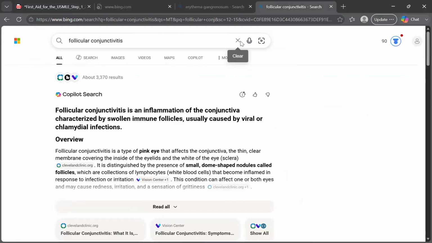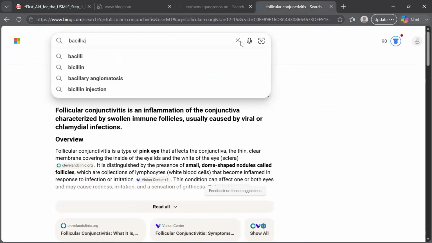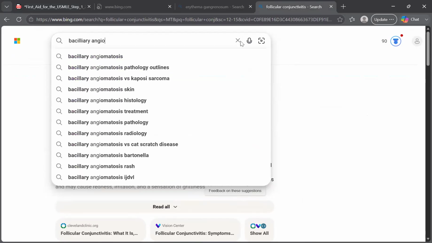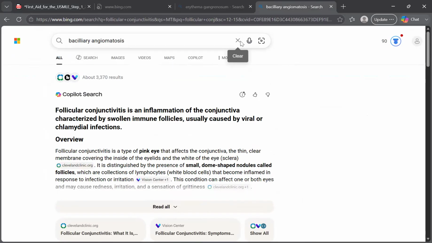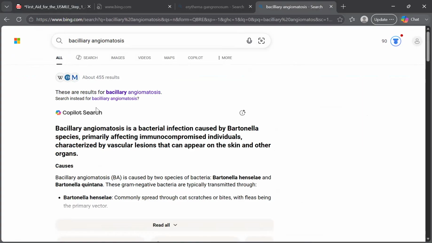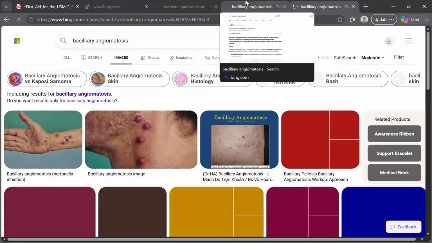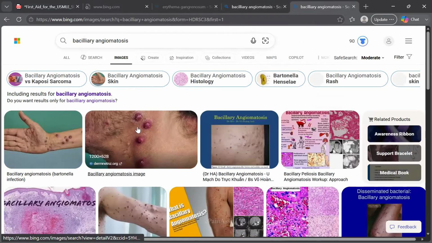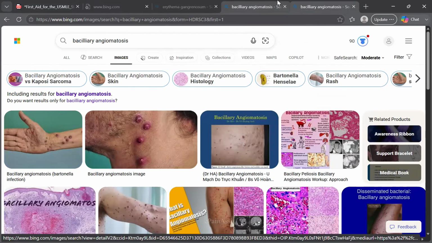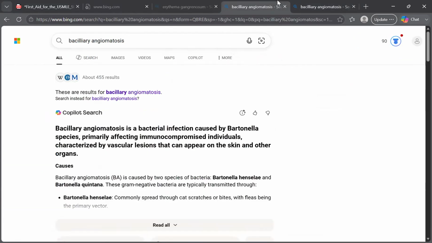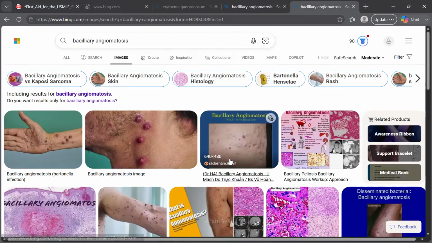What is bacillary angiomatosis? I want to see the images. Okay, so this is what it looks like. It is a vascular lesion that can appear on the skin and other organs.